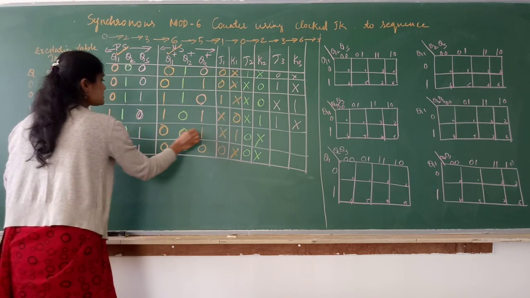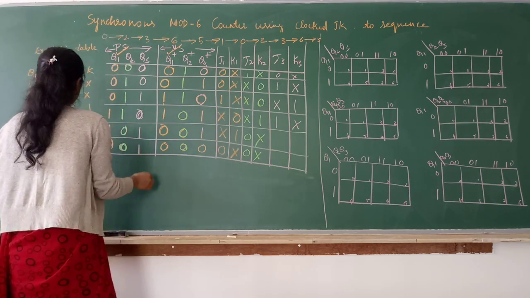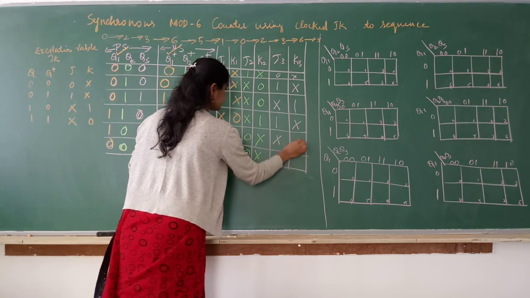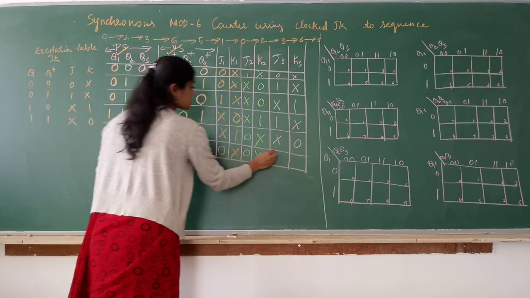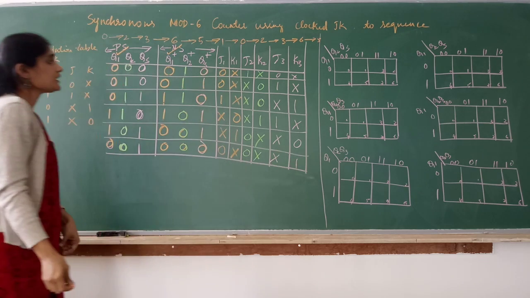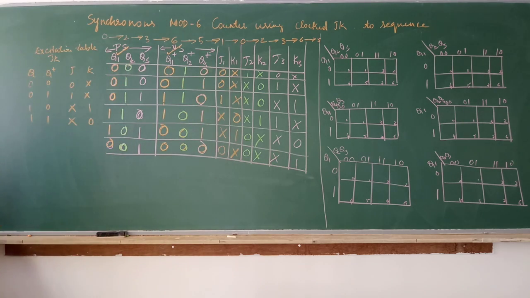Next, 1, 1. x0. Okay. Next, 1, 0. x1. So this is how we write the excitation table of JK flip-flop, right? I just check whether we have written it correctly or not. Yeah, it's right. Correct. Okay.